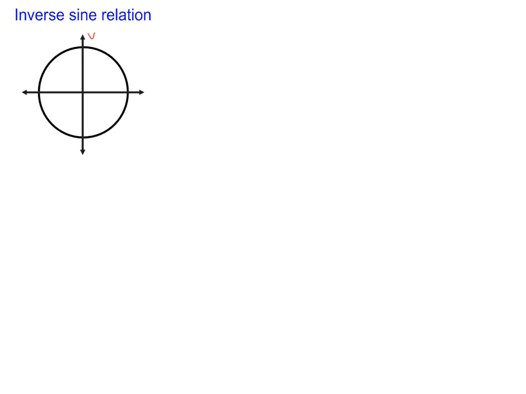So let's do a hard one: arc sine of negative 0.8. So where is sine equal to negative 0.8? Well, this is negative 1, so negative 0.8 is almost there. So there are two places on the unit circle that have a sine of negative 0.8. Here is one angle, here is the other.